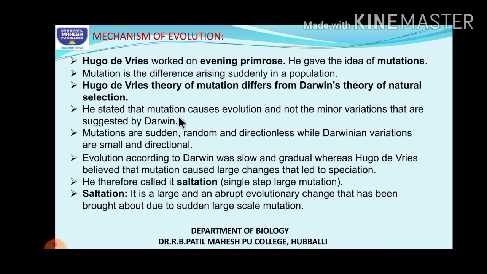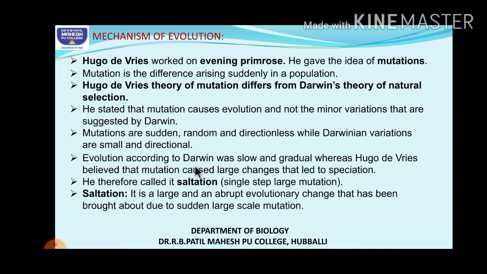According to Hugo de Vries, mutation causes evolution, but according to Darwin, it is the minor variations that cause evolution. Hugo de Vries said that mutations are sudden, random and directionless. Darwin said that variations are small and directional.